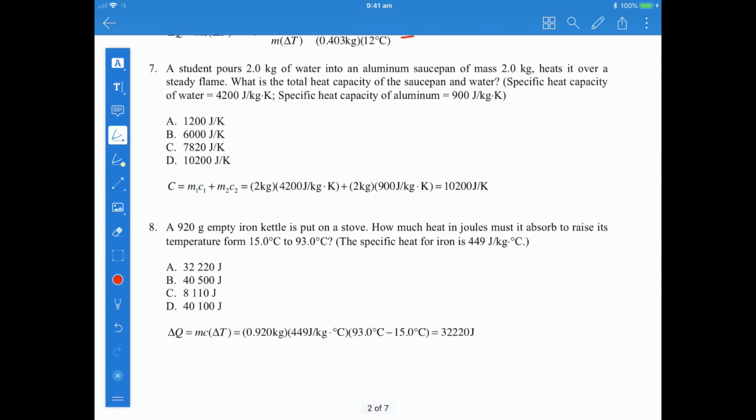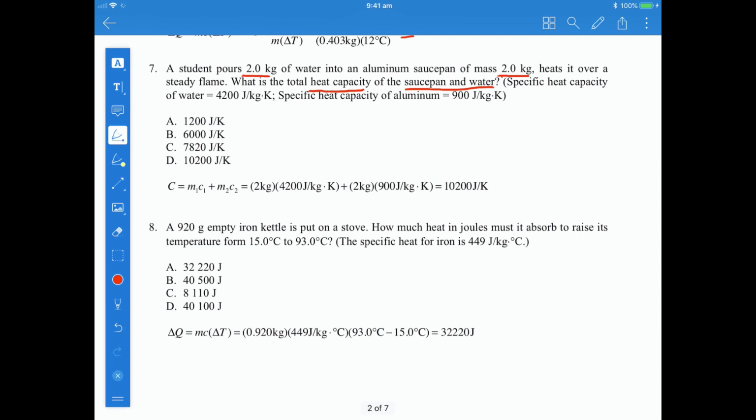Number 7. Now, if a student poured 2 kilograms of water into an aluminum saucepan which has a mass of 2 kilograms, what's the total heat capacity of the saucepan and the water?